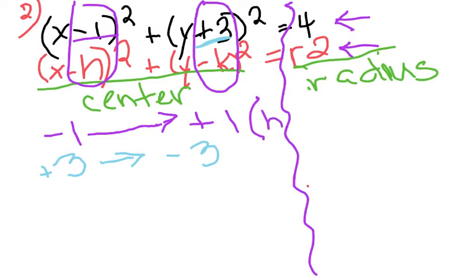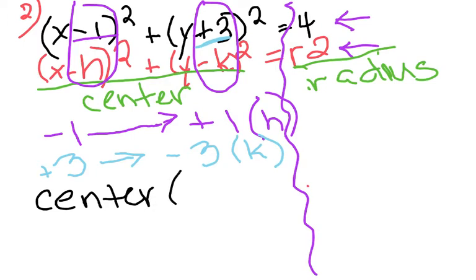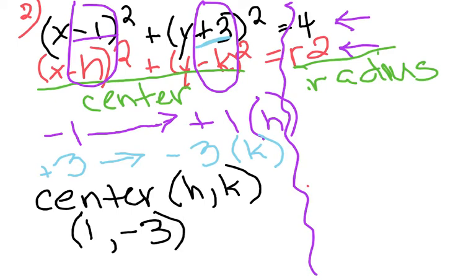So that +1 is h, and the -3 is k. So the center is h, k, and the center then is 1, -3. So that is how we do that.